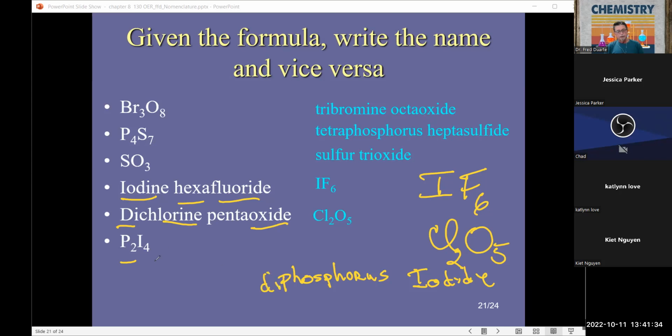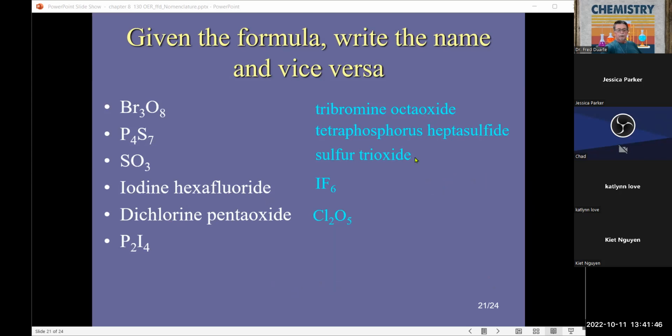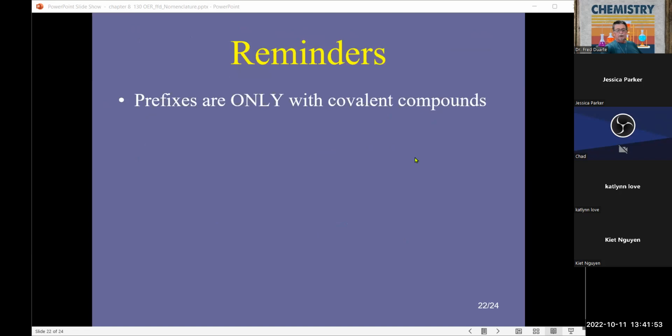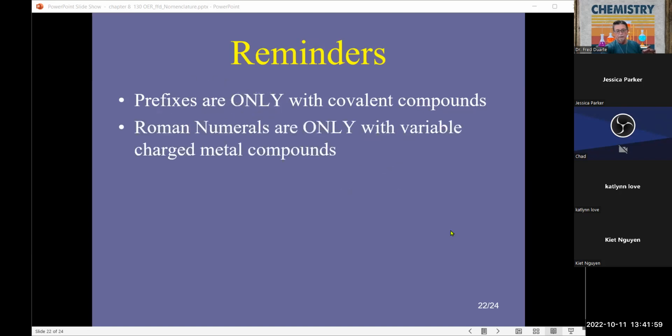So that would be 2, and then tetra iodide. Okay, diphosphorus tetraiodide.